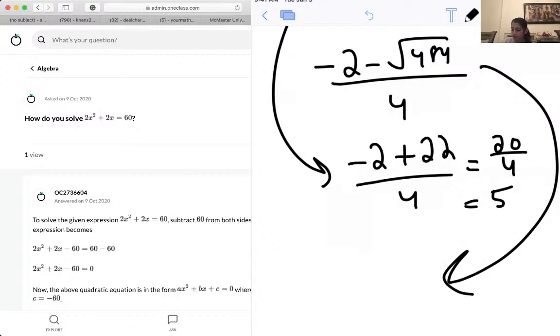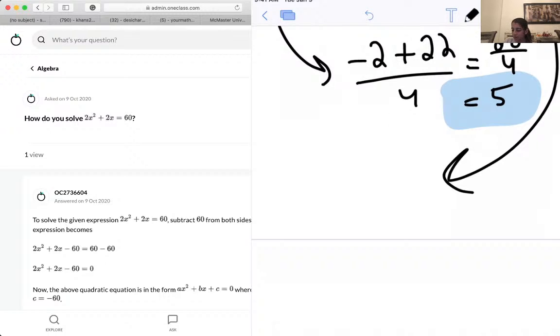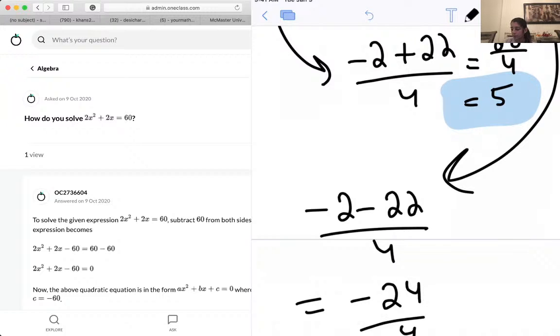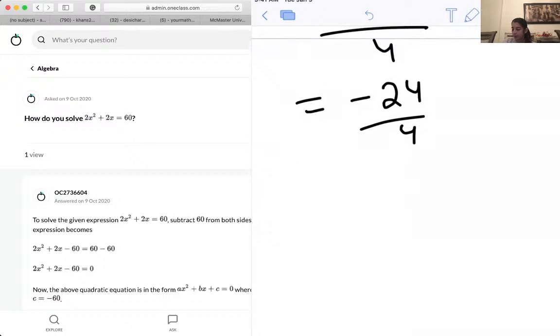And our second one is going to be negative 2 minus 22 over 4, which is going to be negative 24 over 4, which will then end up being negative 6.